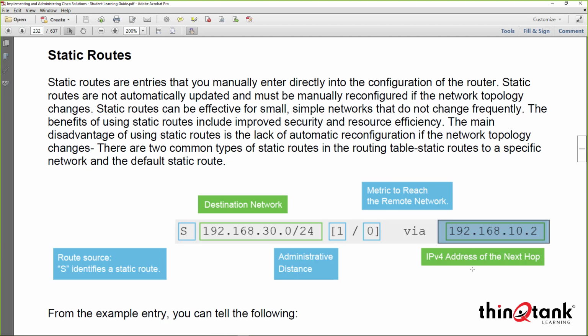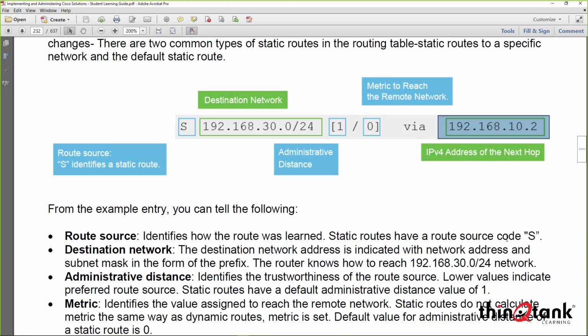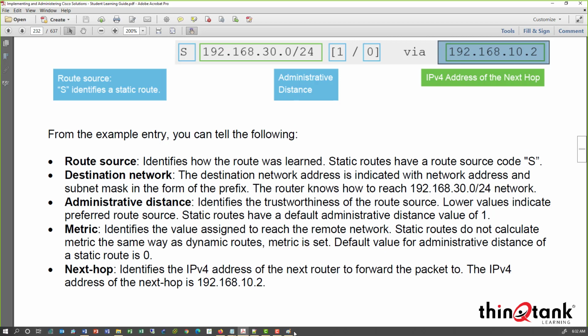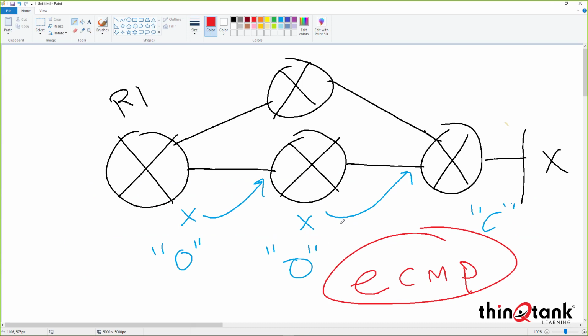So a static route allows you the ability to define a route, and there are instances where static routes are better. In this particular topology, static routes would not be good, because if I have a static route pointing to this interface, and that link goes down, then my routing stops working.